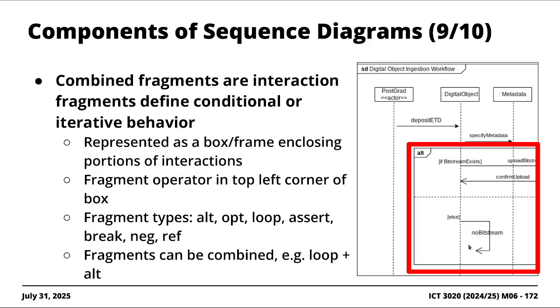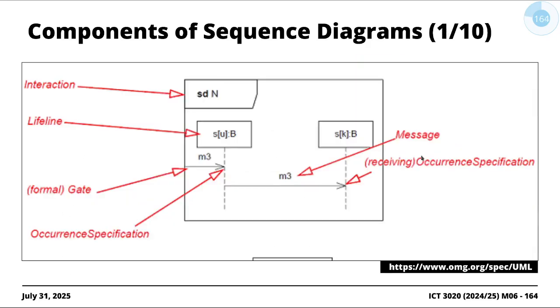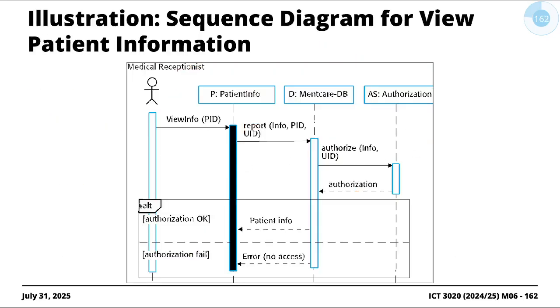Okay, so the syntax is simple here. You specify a combined fragment using a rectangle within your sequence diagram, a rectangle with the name of the fragment in the top left corner. So notice here, alt is an alternative fragment. Another alternative fragment here, right?